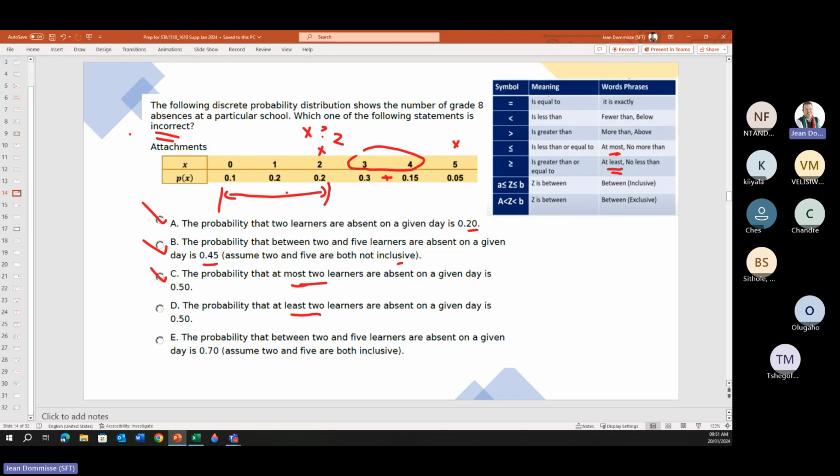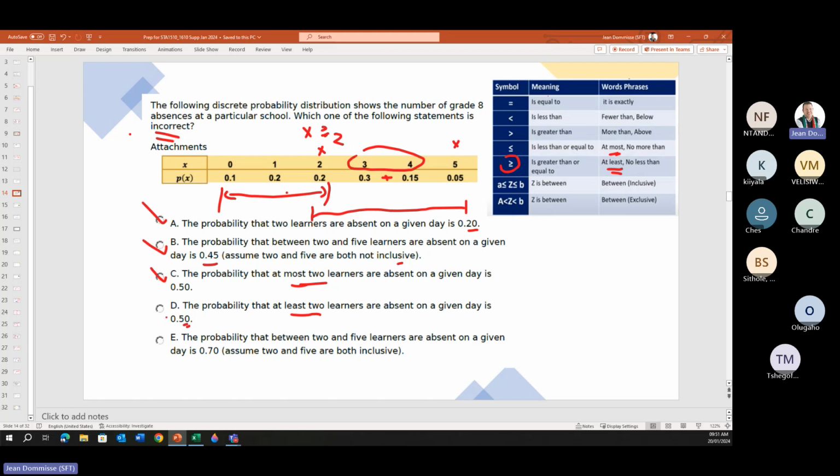Okay, so at least 2. Important, it does still include 2. Okay, so it's 0.2 plus 0.3 is 0.5, 0.65, 0.7.